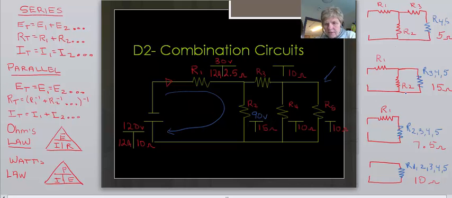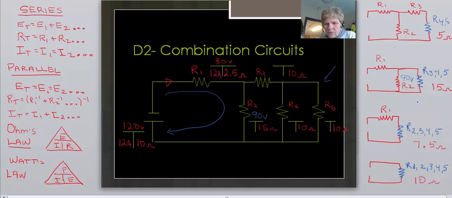If we take that 90 volts and put it over here in place of R2, we know that R2 is in parallel with 3, 4, and 5. So 90 volts will also end up being the same for 3, 4, 5.